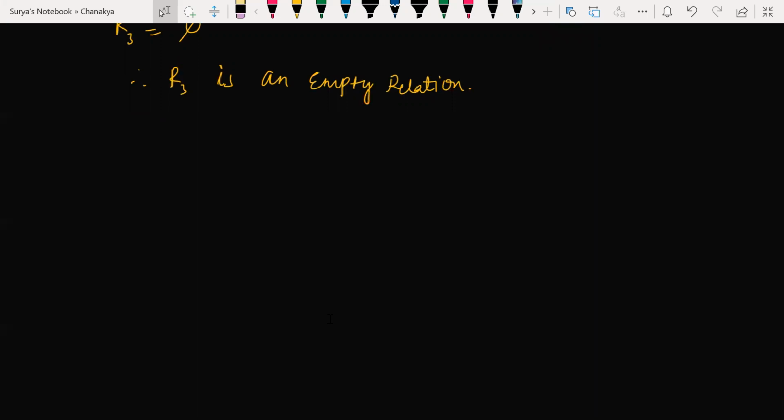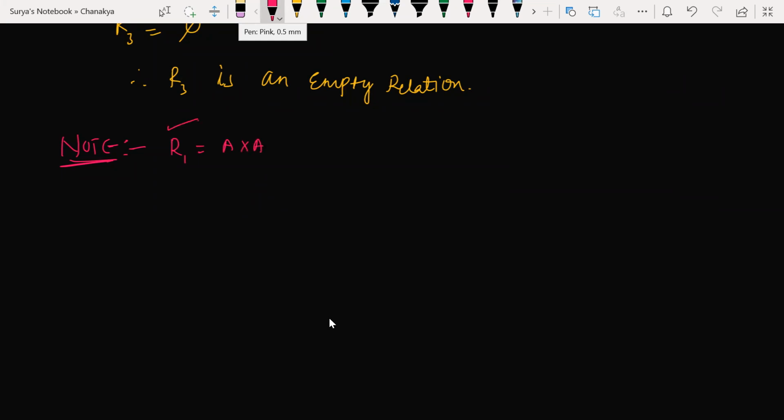Now I'll give one simple example. First, everyone take a note. After this note, I'll give an example. For suppose any relation, let's say from set A to A. What is the meaning of this?